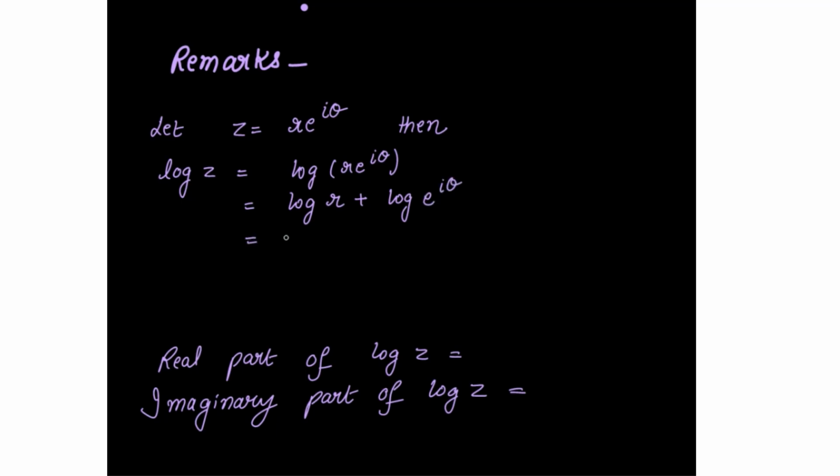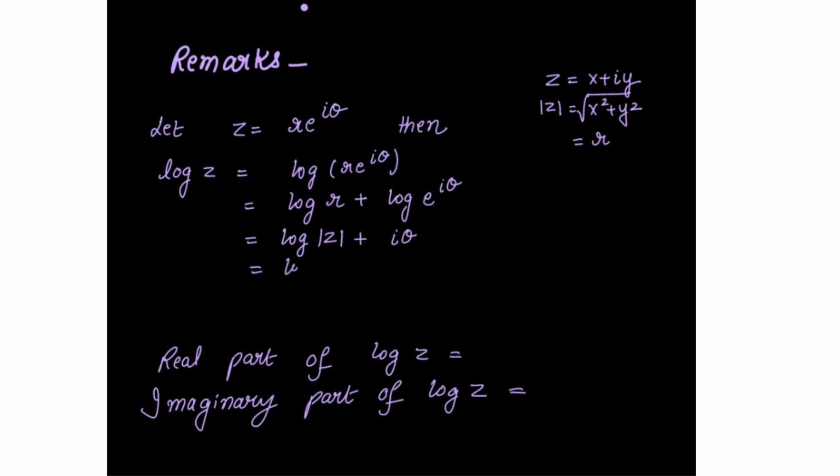And then this is equal to log of, can I write r as mod of z? Yes, because I know that z is x plus iota y, and if I take the mod, this will be the square root of x square plus y square, and this is taken to be r, right? And then log of e to the power iota theta is iota theta, where theta is the argument.